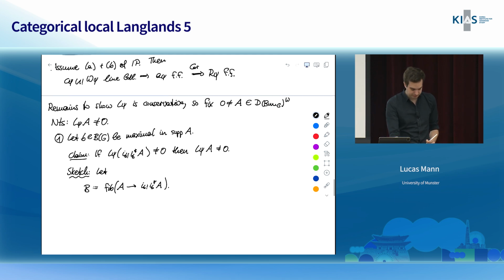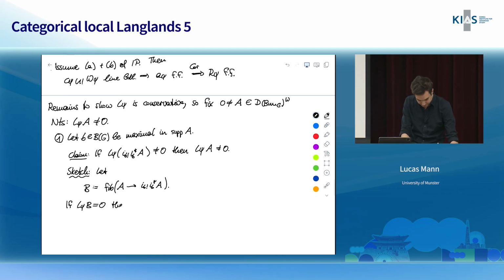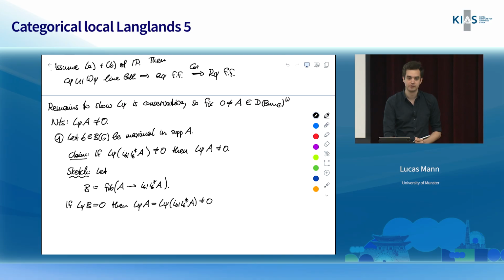Okay, and now I'll do a little bit of casework. The easiest case is if L psi of B is 0. Then it's easy, because then L psi of A is L psi of i_B lower shriek i_B upper star A, and by assumption this is not 0. Okay, so then we're done. The more interesting case is if L psi of B is not 0.